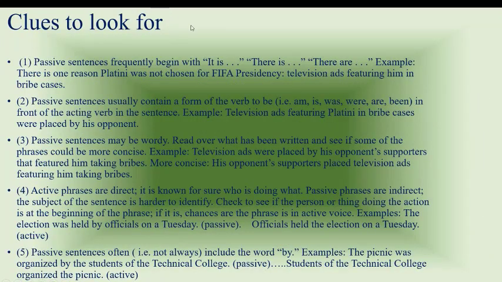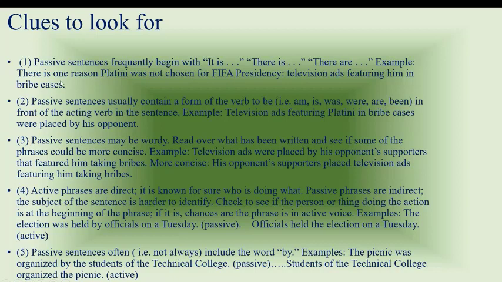There are some clues to look for to know whether the sentence is passive or active. Passive sentences frequently begin with it is, there is, or there are, because the original subject is at the end of the sentence or even omitted.